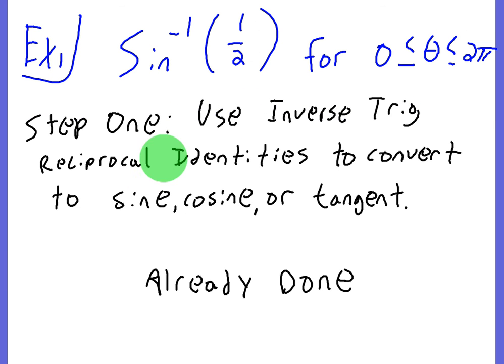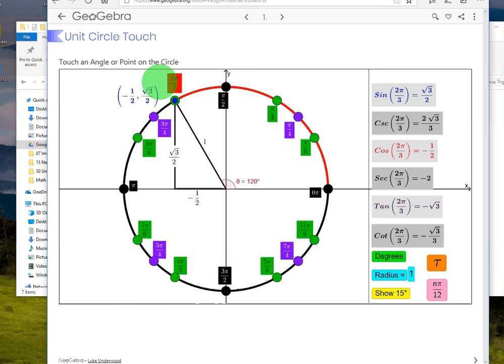So step 1 says use inverse trig reciprocal identities to convert to sine, cosine, or tangent. Since it's already in sine, we can quickly just look at where the y values equal 1/2. So pulling back up our unit circle, where does y equal 1/2?